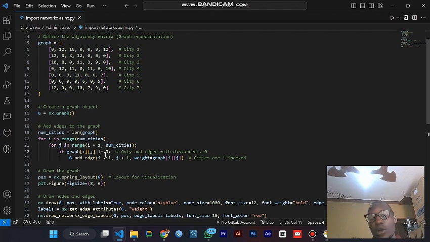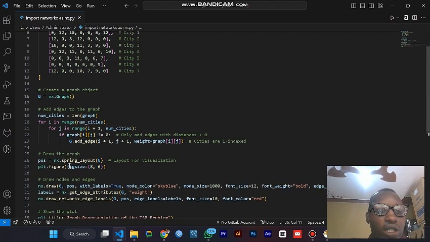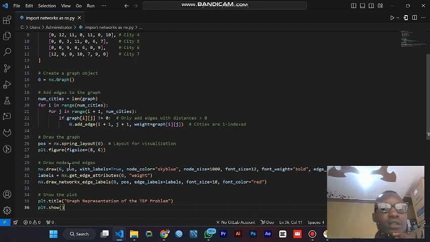These edges are added if the distance between those two cities is greater than 0, which shows that there is a connection between those two cities.